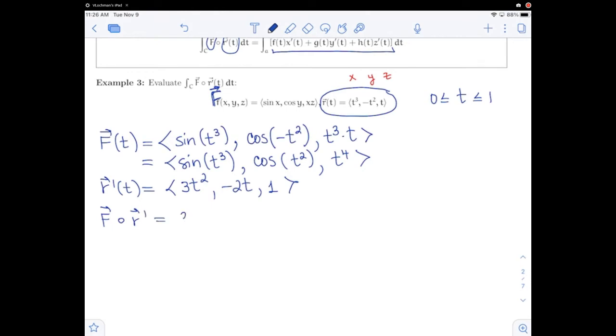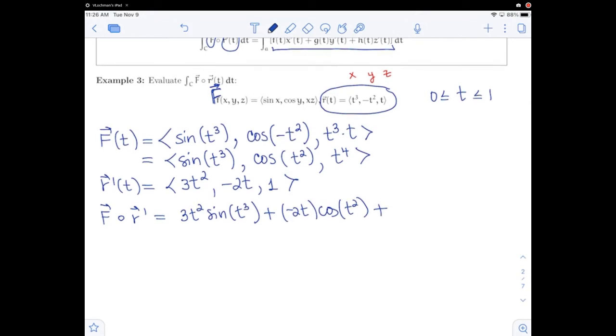This will be 3t squared sine t cubed plus negative 2t times cosine t squared plus 1 times t to the fourth, so that's t to the fourth. That's the function that I'm going to be integrating.